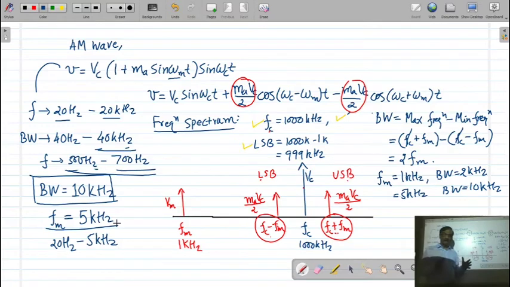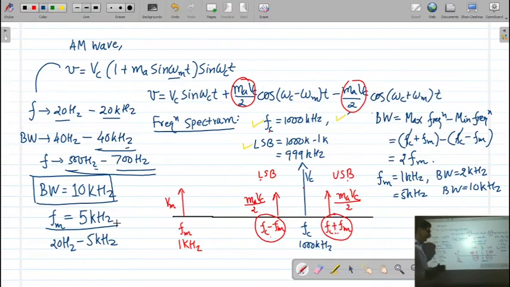Because in FM there is no restriction on the bandwidth. Bandwidth is almost 100 kilohertz, so all the information is transmitted in FM. Here we have a restriction, and that is 10 kilohertz. Therefore, the quality of the sound is going to be compromised. Correct?